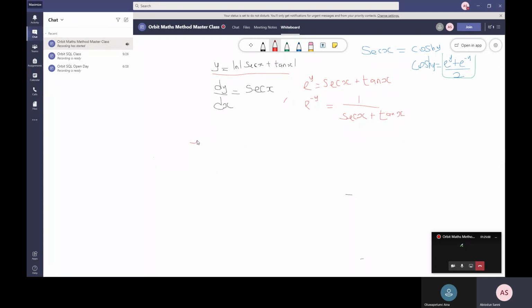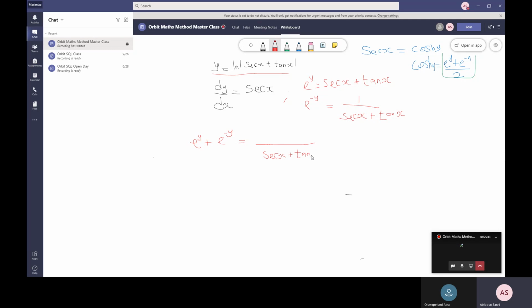So if I do exponential y plus exponential minus y, I have to add these two together. The LCM is sec x plus tan x, obviously.